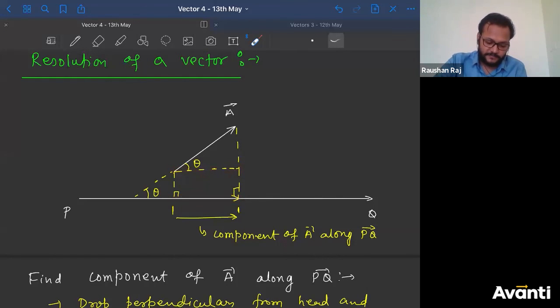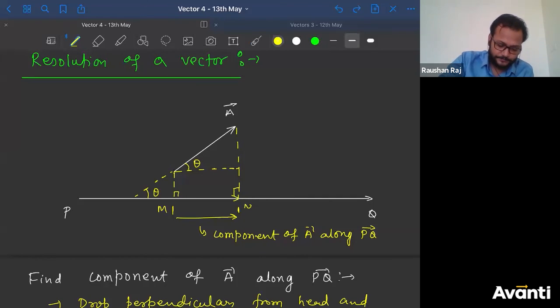Okay. So if this length and this length are the same, effectively I need to find this length only. So what is this length? If I name these M, N, and this O, A, and B. So I can say that MN is equal to OB.